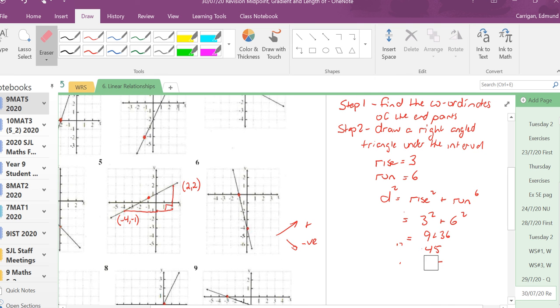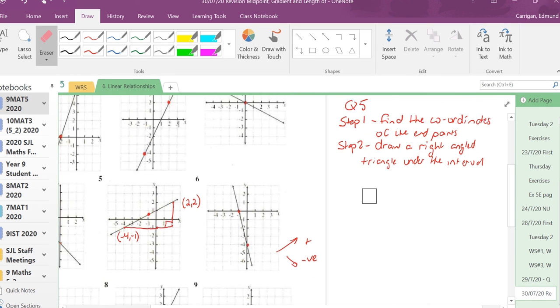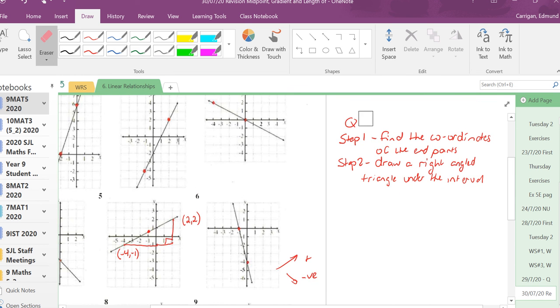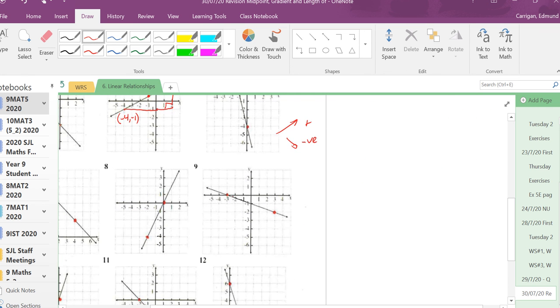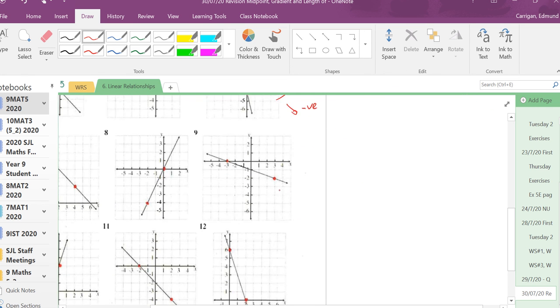We will do question 8. Let's have a look at question 8.